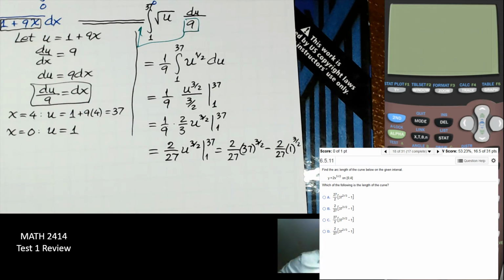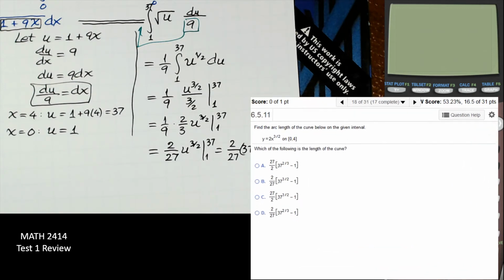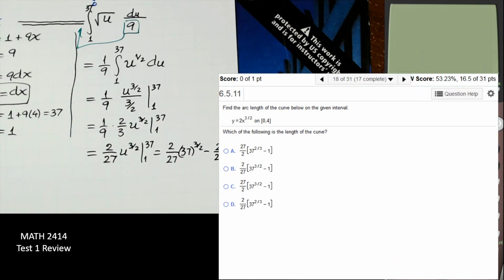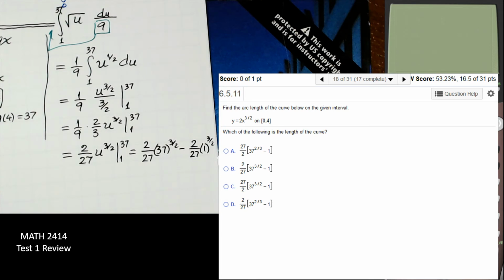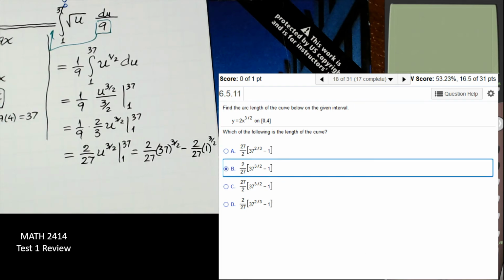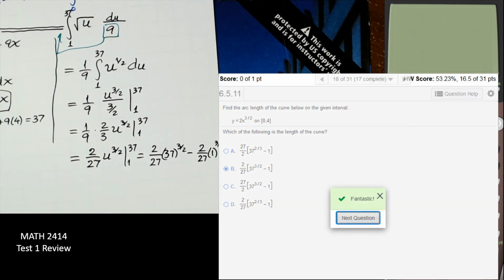One to the 3/2, of course, is 1. Right, and we factor out 2 over 27, and with that we have 2 over 27 times 37 to the 3/2. Oh, 3/2, not 2/3. That should be B.